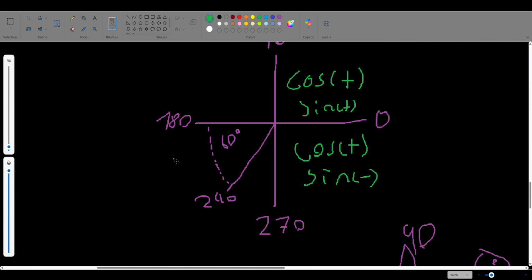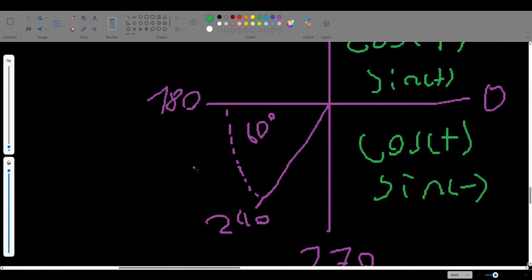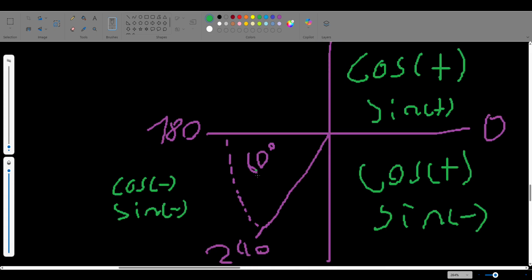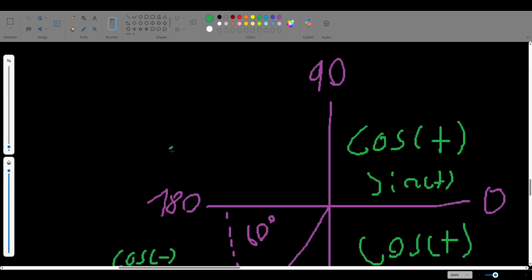And over here on this side, both of them are negative. Cosine is negative, and sine is also negative. It's just like a number line, guys. Think about it that way. And then here, cosine is negative, because the horizontal component is going to the left, and our sine is positive.